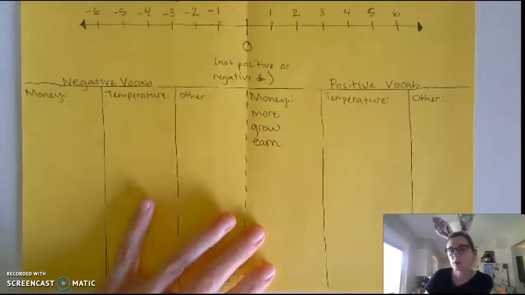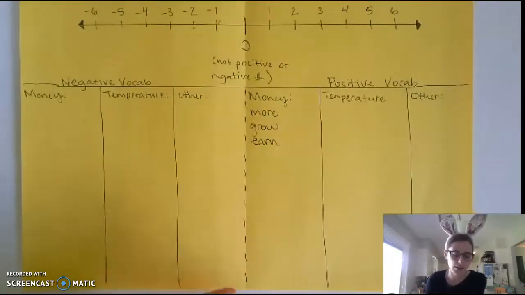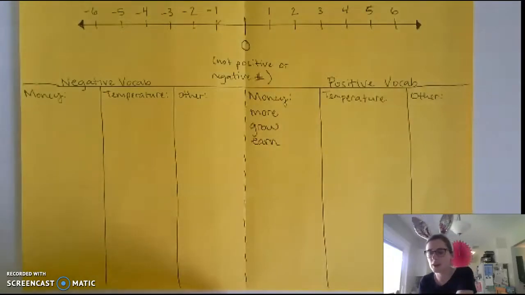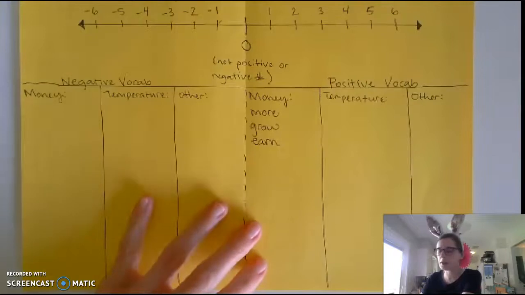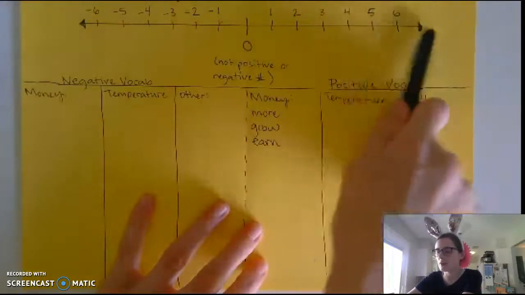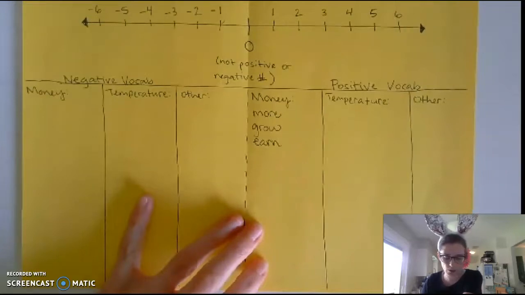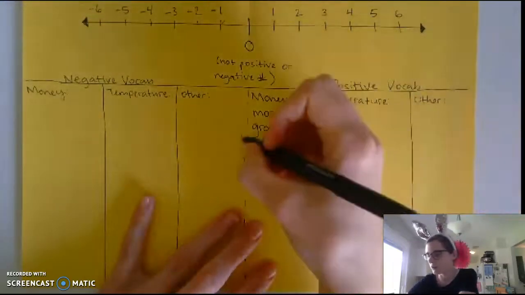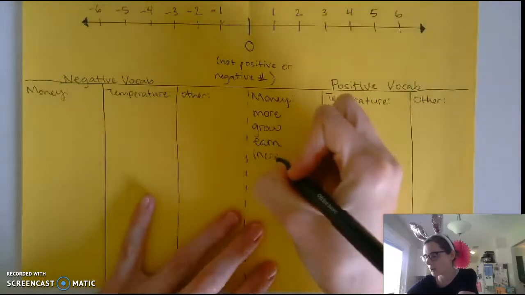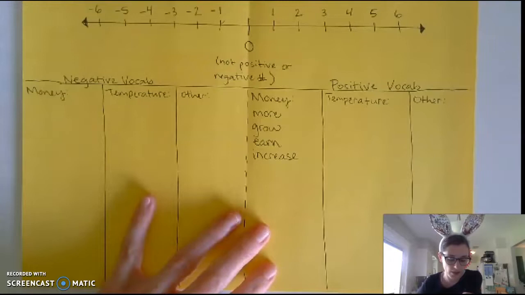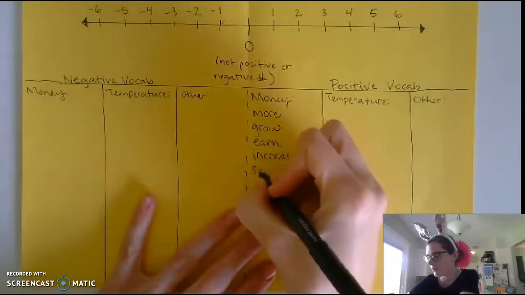So I can earn money, I can grow my savings, I can get more cash. All of those imply that I'm going to increase on this side, and that's actually going to be one of our other ones. Actually, we'll put it over here. So increase. I can increase my savings. So that's also one, save.